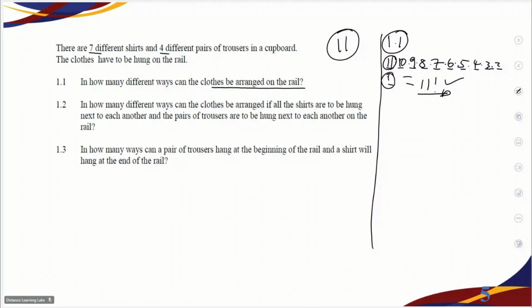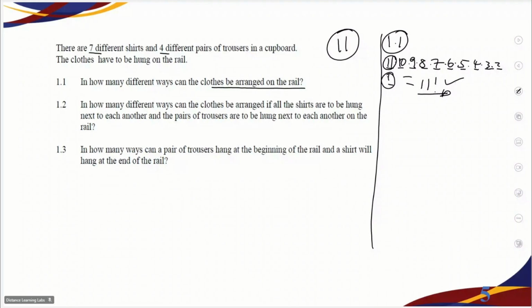The second question that we have: those different items can be grouped together, and we can have restrictions on positions, whereby a certain position is restricted to only accommodate a particular clothing item, or the clothing items can also be grouped together. When it comes to grouping and restricted positions, you start first with the items that are grouped, and then you move out.